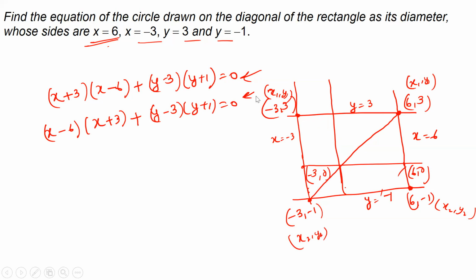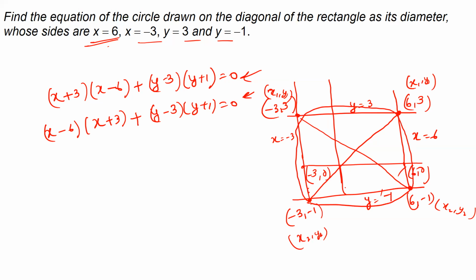Can you tell me why? These two circles are actually and essentially the same. Can you tell me why? Because if I take this diagonal and draw a circle, then actually this will also be the same circle, because my circle passes through all of these four vertices.